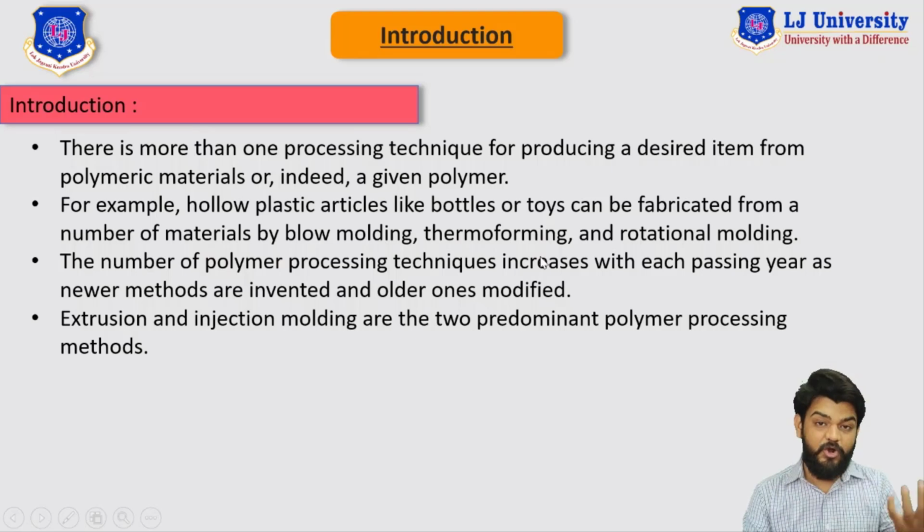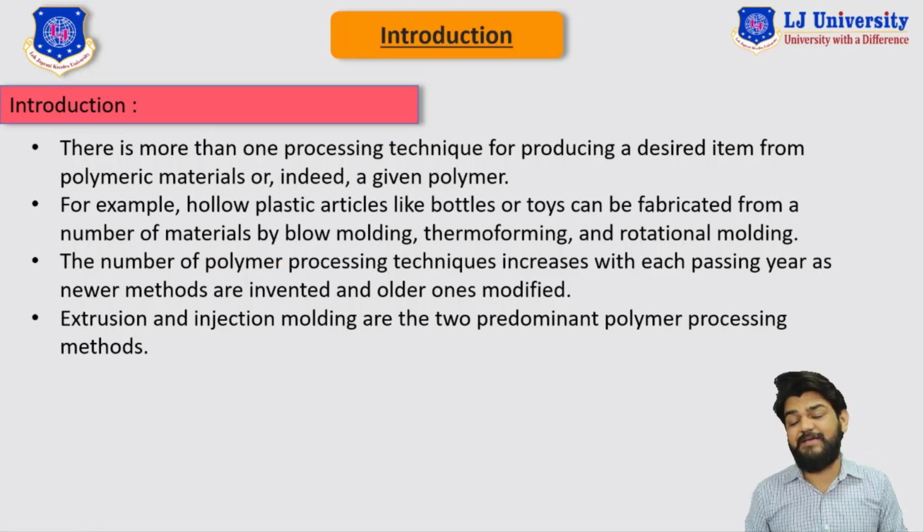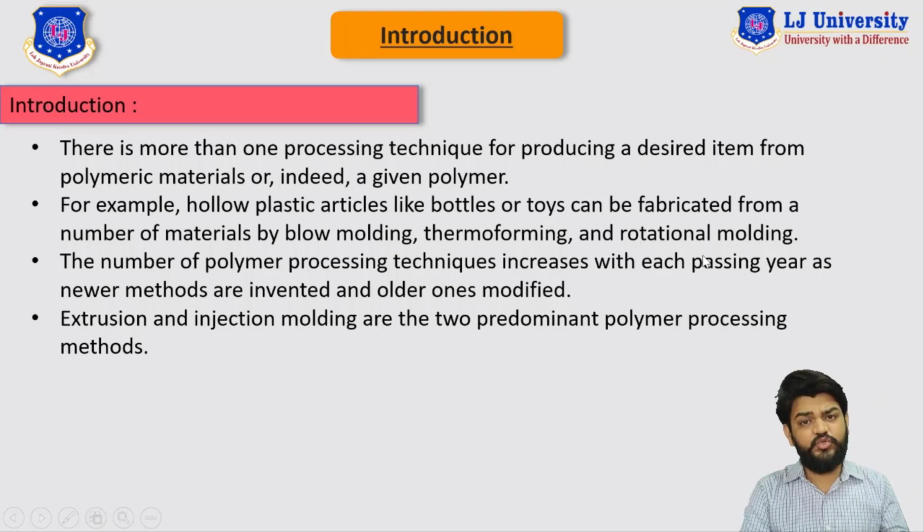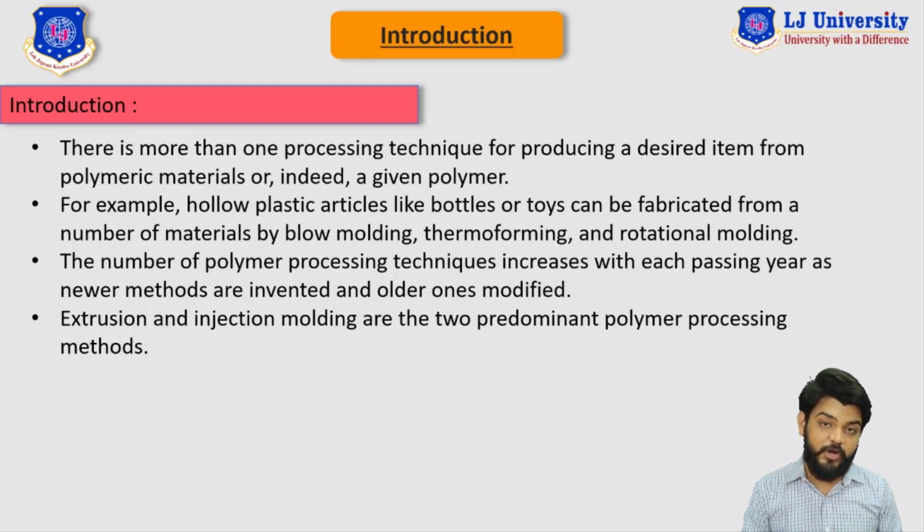Blow molding, thermoforming and rotational molding are the different types of unit processes that can be done for manufacturing, or we can say producing, our day-to-day life polymer. You can see here, plastic bottles, toys or even buckets are being manufactured by such unit processes. So these are the unit processes or operations that need to be performed on a raw polymer to convert it into useful polymer.